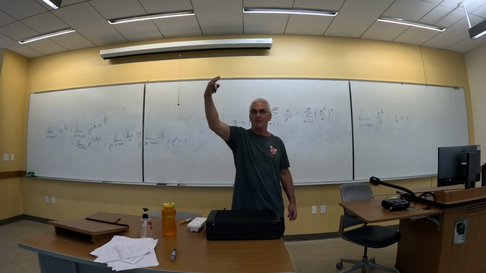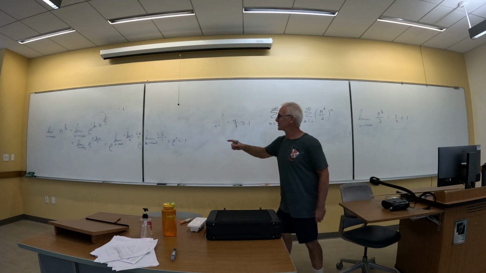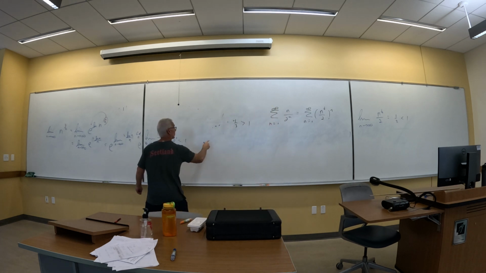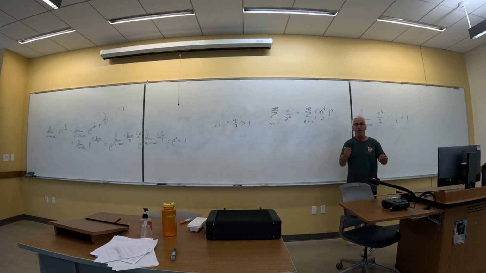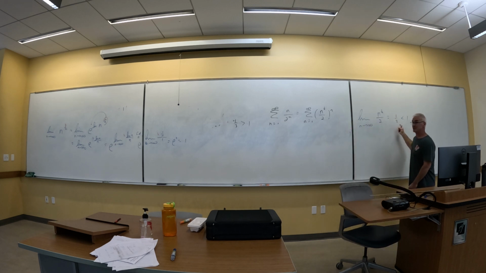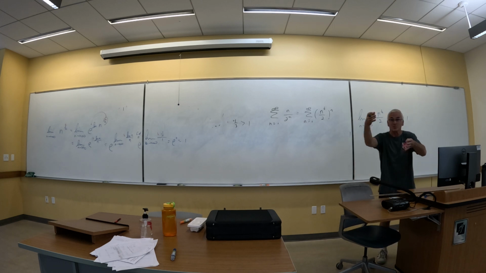You said the ratio of consecutive terms is approaching that R. Here we're saying anything of the form a n to the nth power, this thing is approaching R. It's the same R. It's the R from the geometric series. So the fact that we got 1/2 using the root test and 1/2 using the ratio test should not surprise us. I have to get the same thing, because in both cases I'm looking for an R that goes with a geometric series.